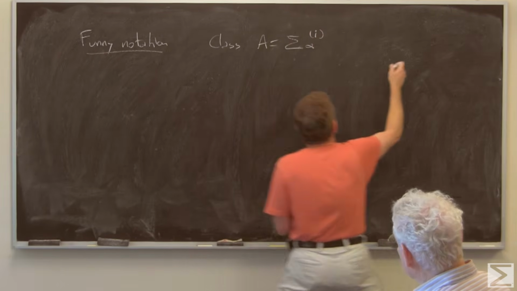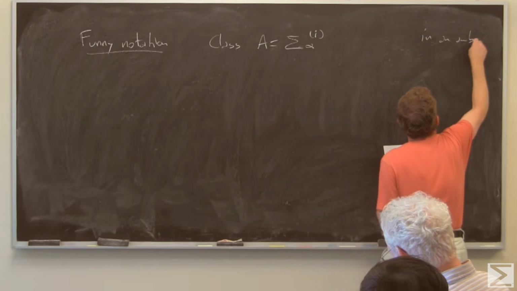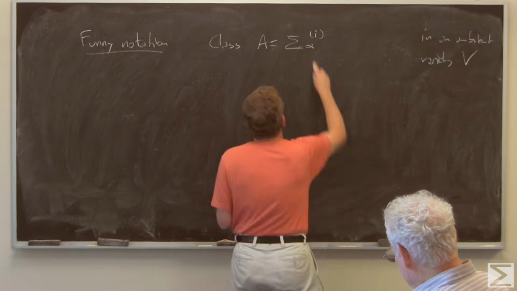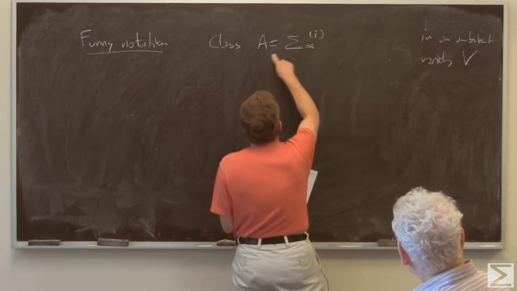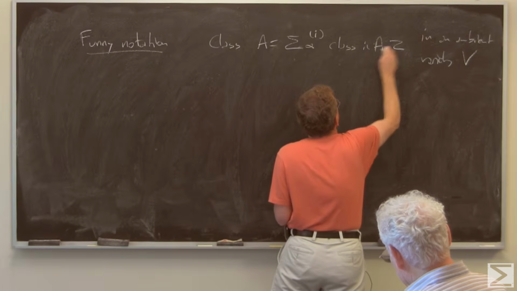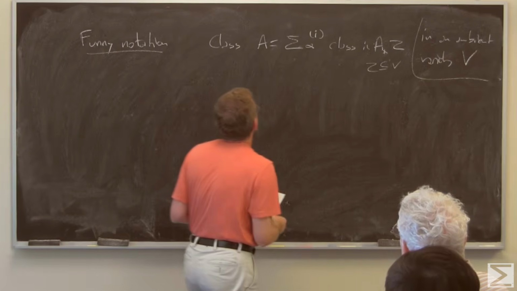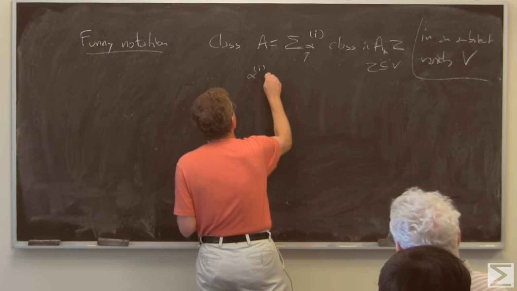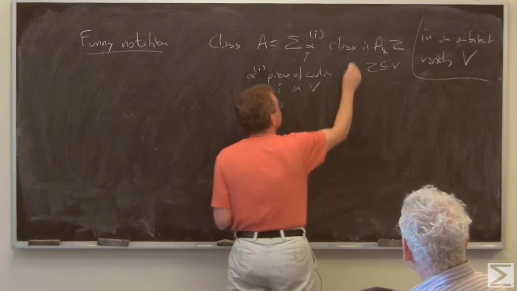This is all happening in a variety V, and it's good to keep track of V. So this is the component of codimension i in V, although this class is a class in the Chow group of something, say Z inside V. Keep in mind that there is this ambient variety V fixed, and this alpha i is the piece of codimension i in the ambient variety V.